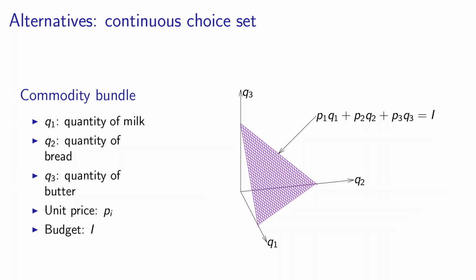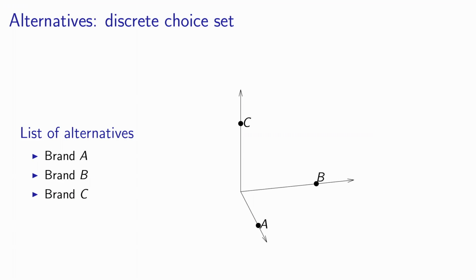And the intersection of this plane with the positive octant, because of course you can buy only positive quantities of each of these items. So in this case, the choice set is continuous. It is represented by this triangle. In our context, we are interested in discrete choice. So typically, when the choice is made among a list of alternatives.